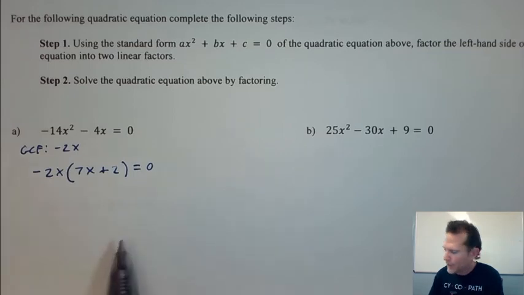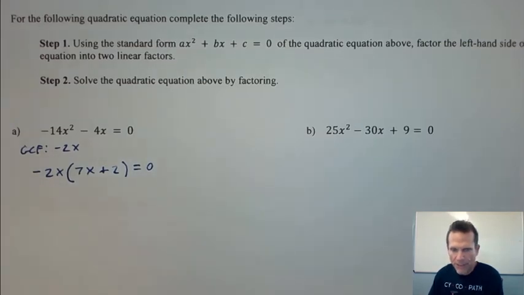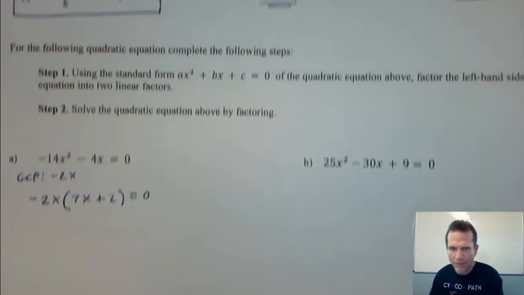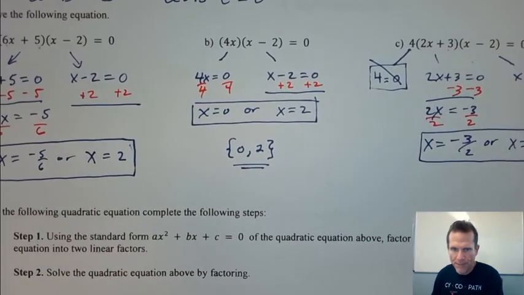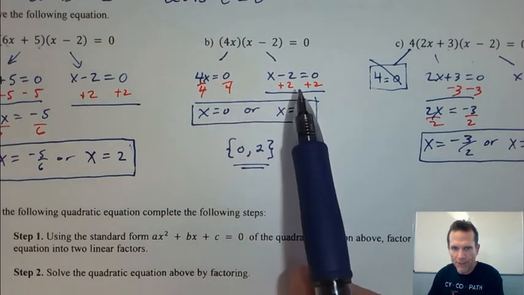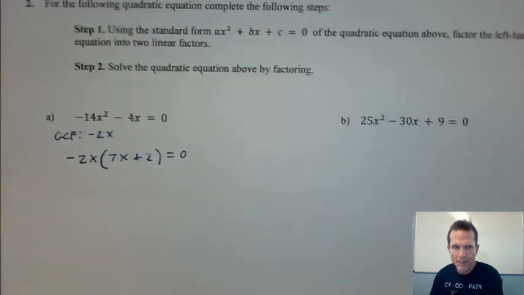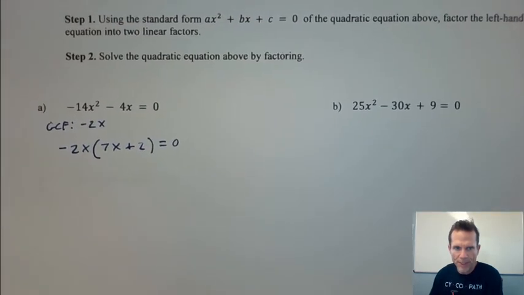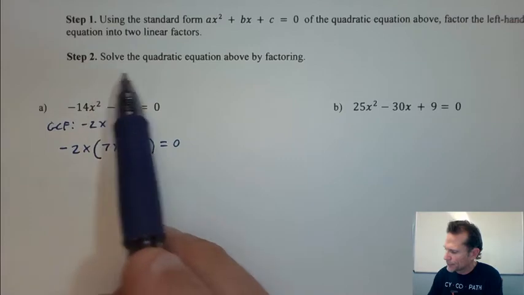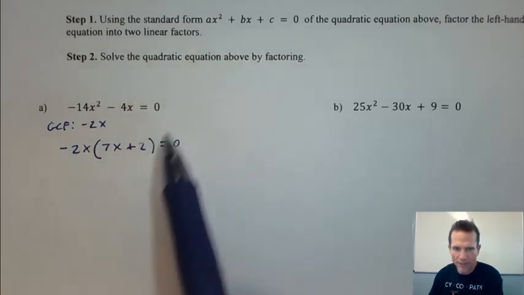Okay, so now we can see that this problem is very much like one that we just worked on previously, part B. Part B, we had this already factored, and we broke it into 2 pieces, and then we found our 2 solutions. Okay, so what I can do here now is step 2. It says solve the quadratic equation by factoring. Okay, well, we have it.